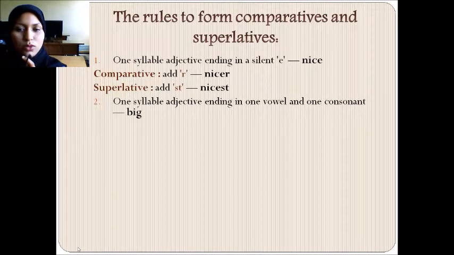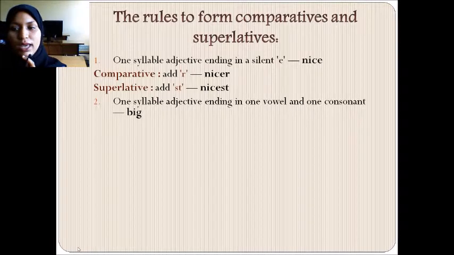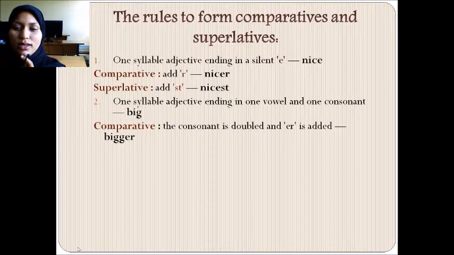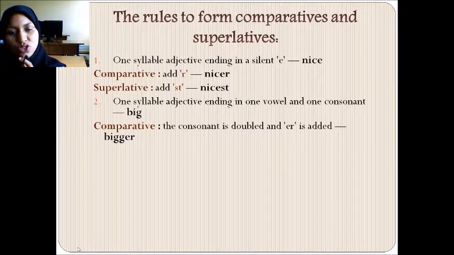Then there is the one syllable adjective ending in one vowel and one consonant. For example, big. In the comparative, the consonant is doubled and er is added. So we have bigger. We added the other consonant, which is g, and we added er.